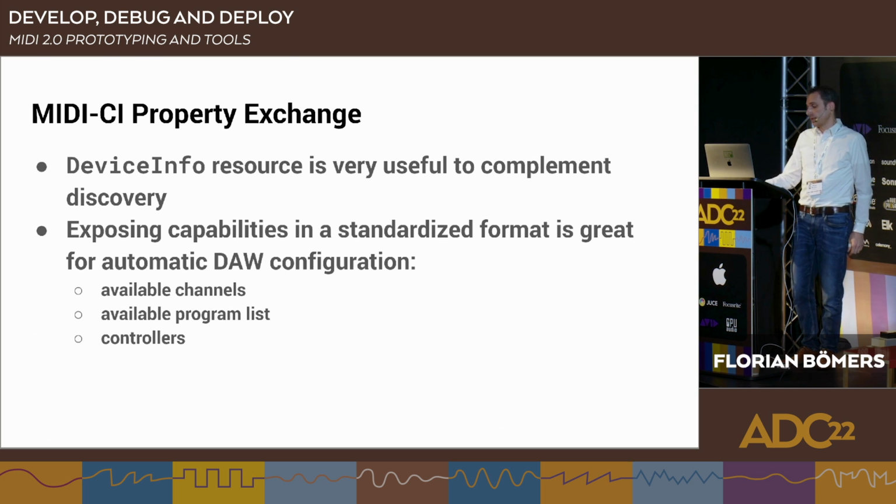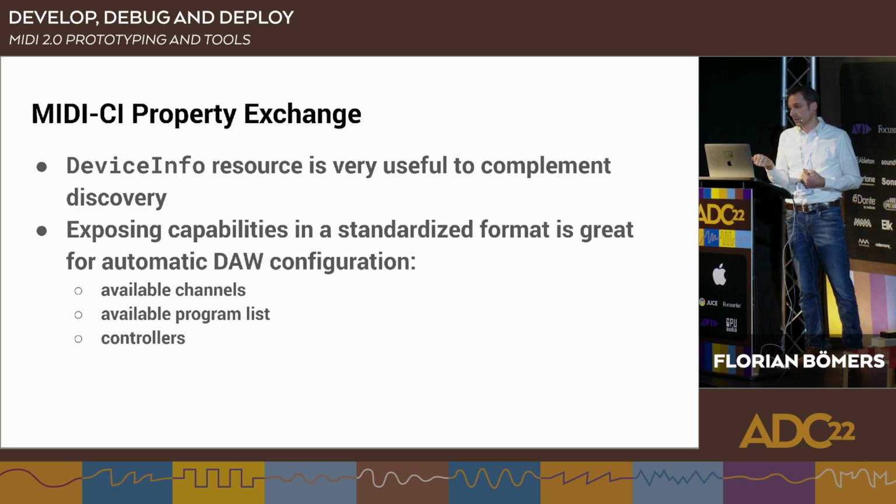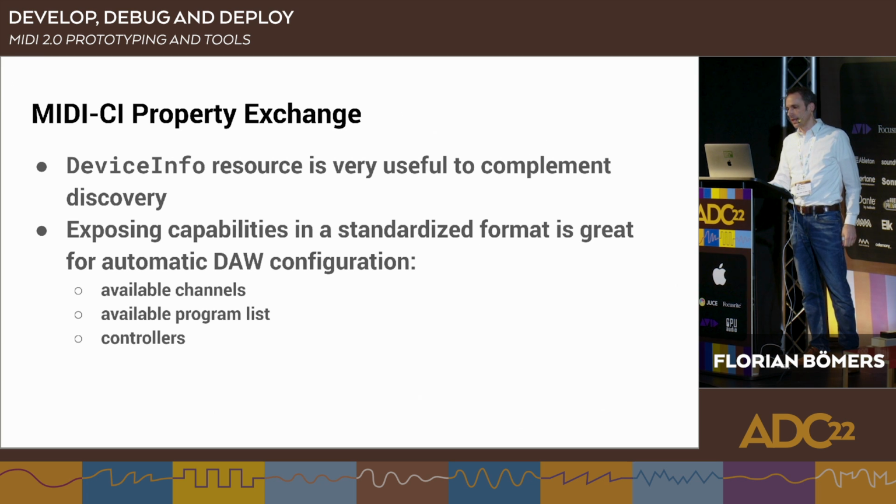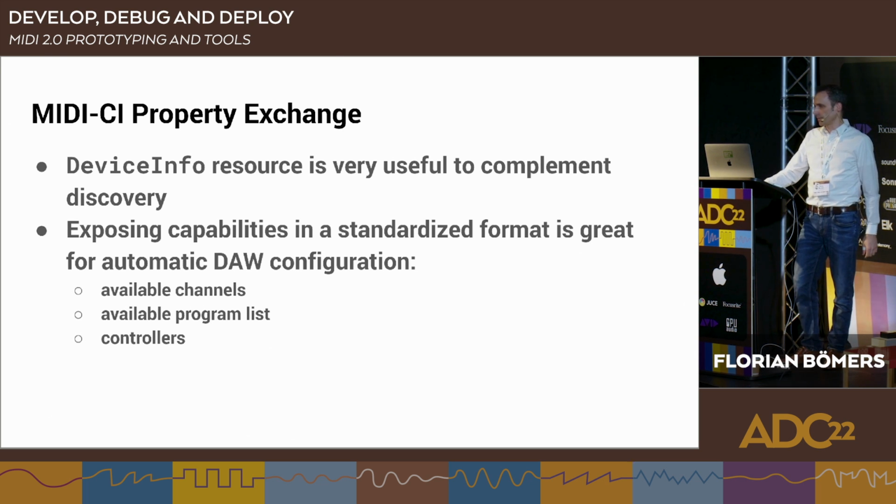Property exchange also allows you to expose a list of your available channels, and what is in which channel, a program list, if you have different programs, controllers and controller names. So these are little things that go a long way for auto configuration and user experience.